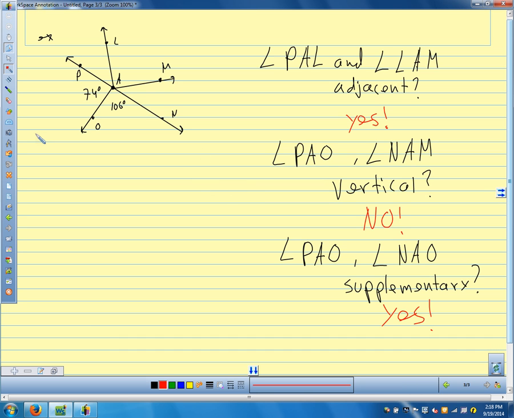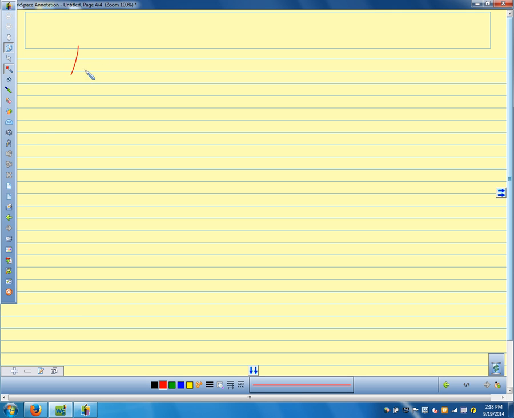All right, a couple more types of angle pairs. A linear pair. What are we going to guess a linear pair is? Two angles that... What's the key word here?